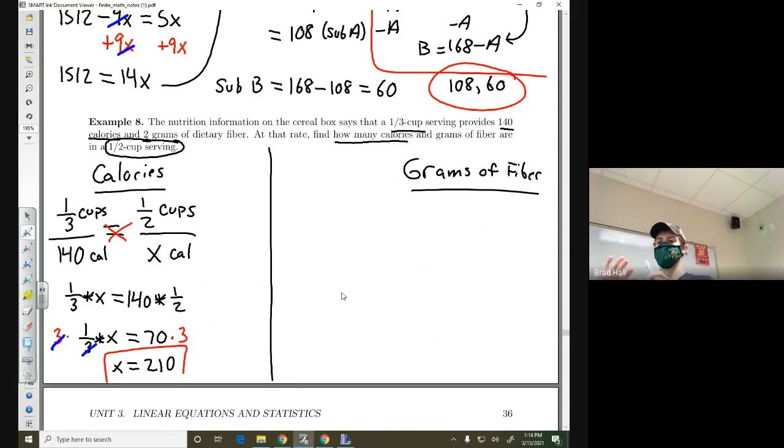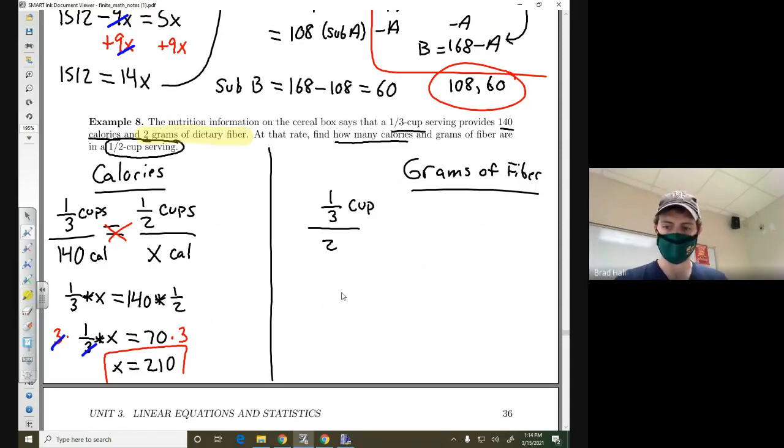But then it moves over to the other side and says, well, what about grams of fiber? So now what ratio do we start off with? 1/3 and what? Over 2. Over 2, that's right. Because they go on to say 2 grams of fiber. And that's corresponding to 1/3 of a cup.